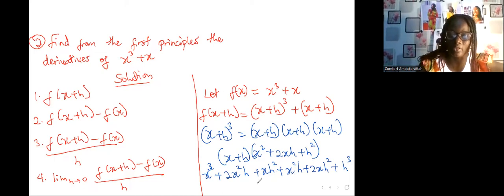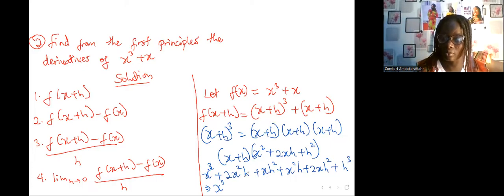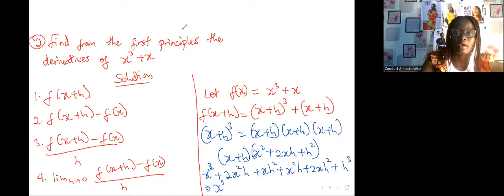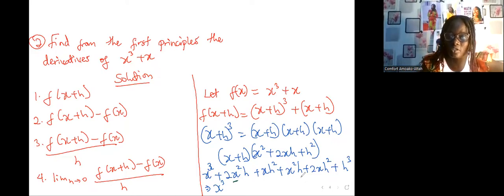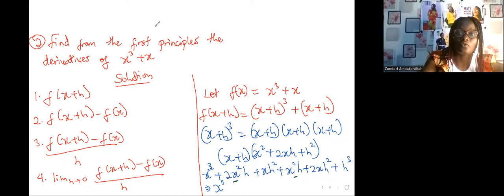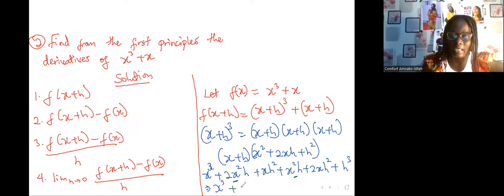Can we do something about this? Yes, we can simplify it. So we are going to have x cubed. This and this can be simplified, or okay, this and that. It means we have something common in this and that. So this will give us plus 2, so 3x squared h.